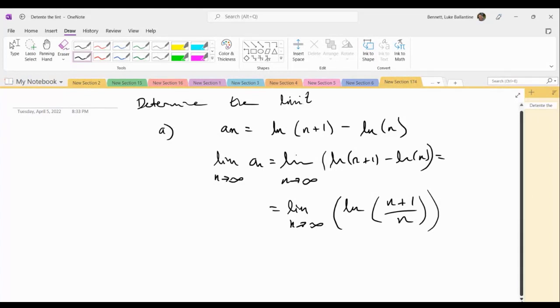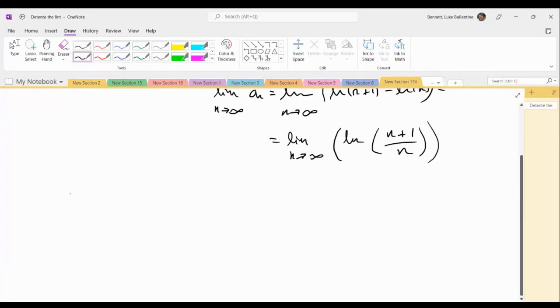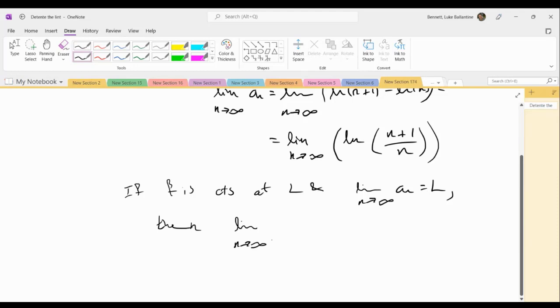And then we can apply that theorem. We had a theorem that said if f is continuous at L and the limit as n goes to infinity of a(n) equals L, then the limit as n goes to infinity of f of a(n) equals f of L. So basically the limit passes through.